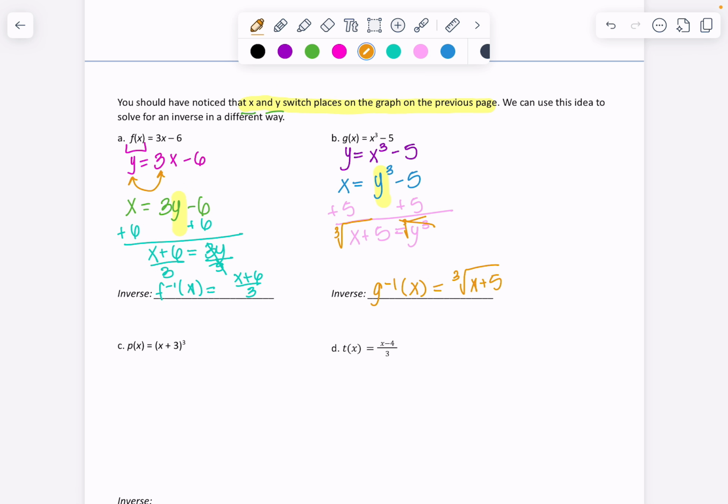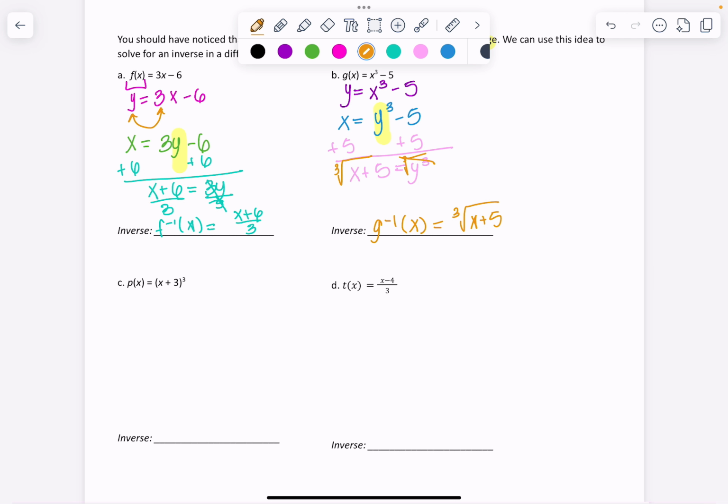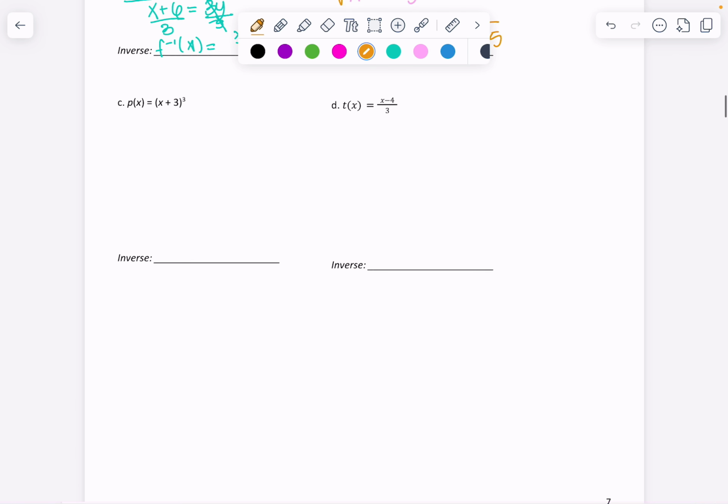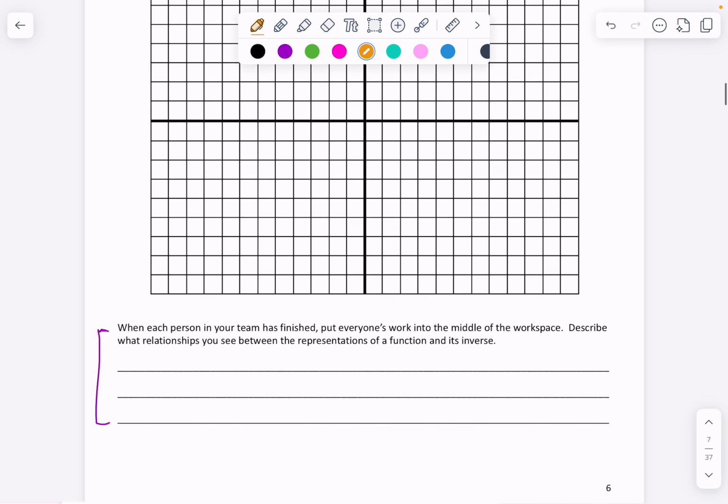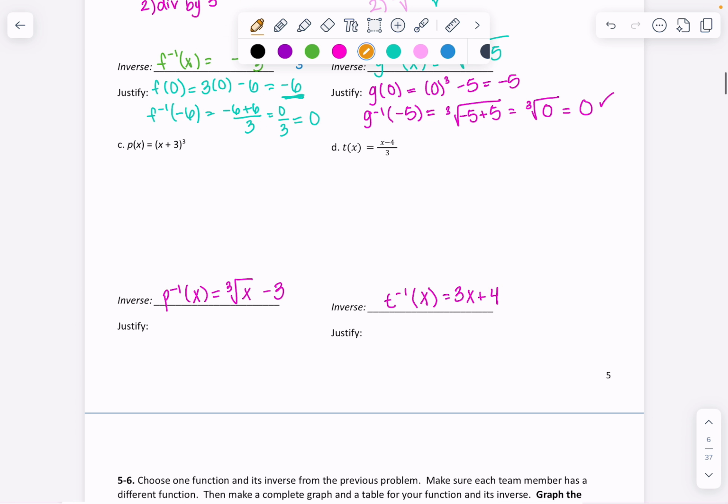So I'd like you to take a moment and try to practice letters C and D with your teams. And you'll know that you did these correctly if you get the exact same inverses that we got on, I think it was page 5. Yeah, page 5. So for letter C, you should have the cube root of x minus 3. And notice how that minus 3 should be on the outside of our cube root.